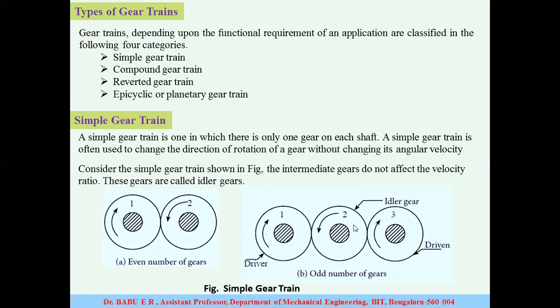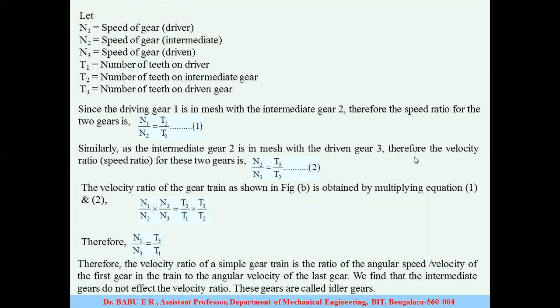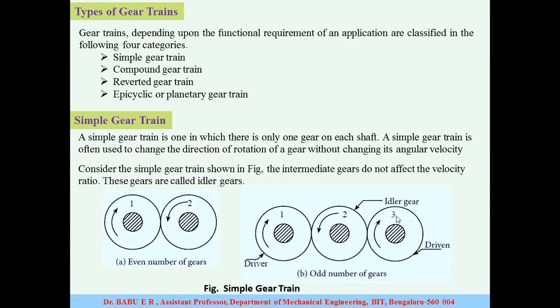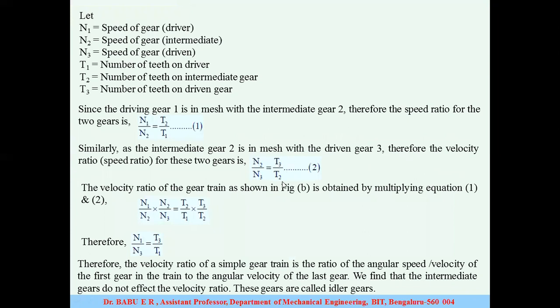So the velocity ratio between these two, we can write as n2 by n3, which equals the number of teeth on the driven to the number of teeth on the driver, that is T3 by T2. So the speed ratio of these two gears is n2 by n3, which equals T3 by T2, called equation number 2.